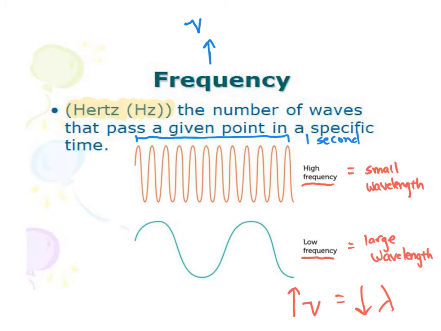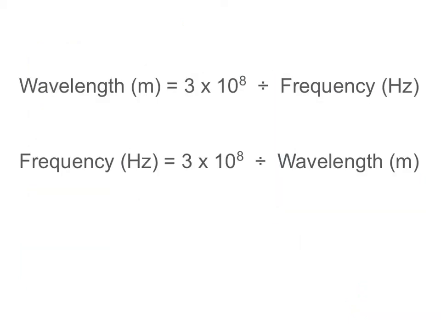Now, they discovered an equation that uses the speed of light. And this equation allows us to calculate what the wavelength is, or the frequency is, of these waves. So we're going to use these two equations to practice those calculations, and your homework is going to be some calculations over it.